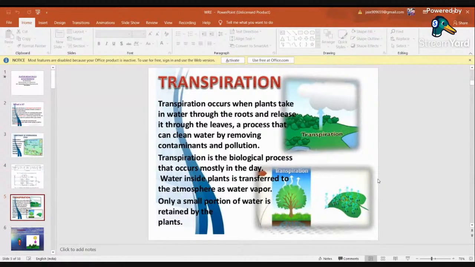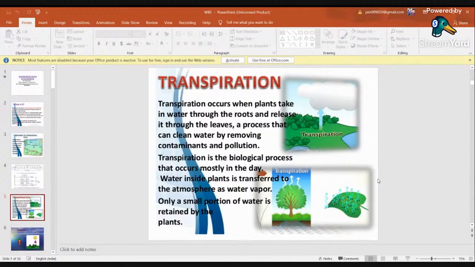The next term which we will come to know in the hydrologic cycle is transpiration. So transpiration basically occurs when the evaporation occurs from the leaves or from the green vegetation.